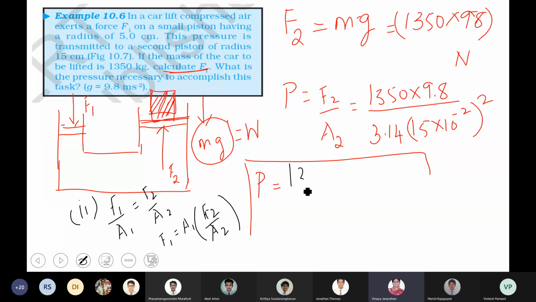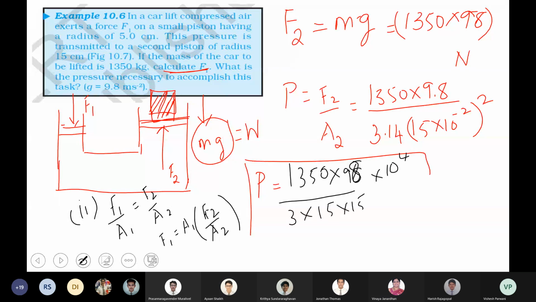What is the value? 1350 into 9.8. Suppose I make this a whole number. Ma'am, do we leave the value of pi as it is, or do we need to calculate it? The value of G is 9.8.